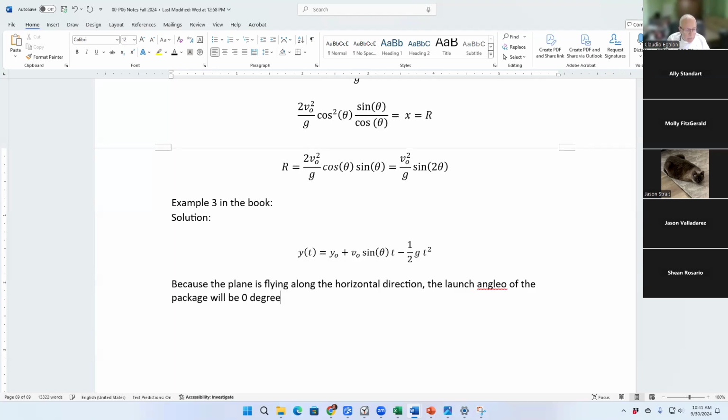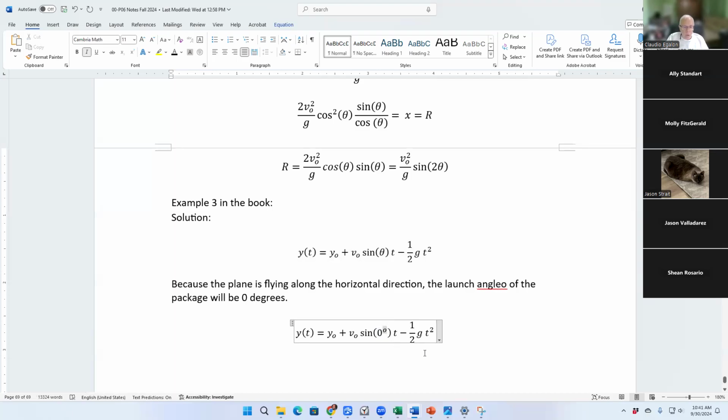Consequently, this term here is going to be 0. I'm going to put 0 here. 0 degrees.